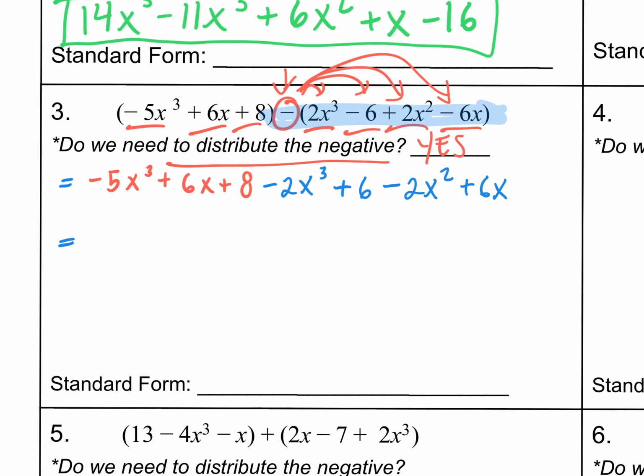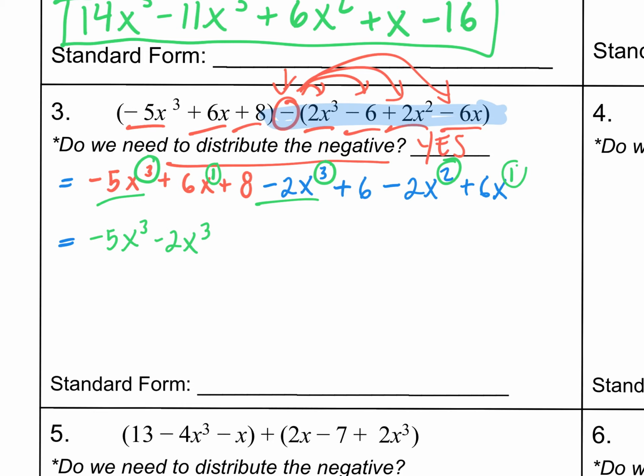Step 2 is still going to be rewriting it from the highest exponent to the lowest. So my exponents that I see here are 3 and 3, 2, and then the ones that don't have exponents, there are invisible ones there. So I want us to remember that those are there. So the highest exponent is 3, so I'm going to write negative 5x cubed minus 2x cubed.